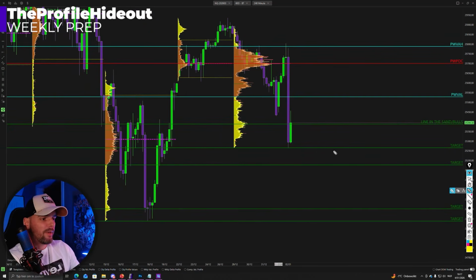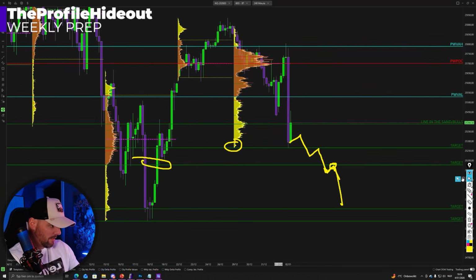Already you can see if price were to reject prior weekly low, we sell off, reject this value area, there's a huge gap. So if price were to start trading inside of this level here, what is this level? 25,177.